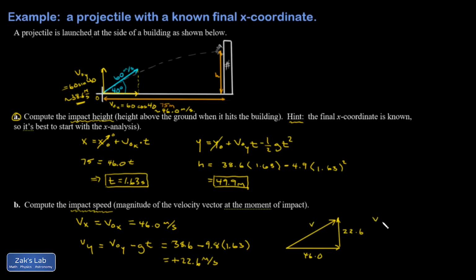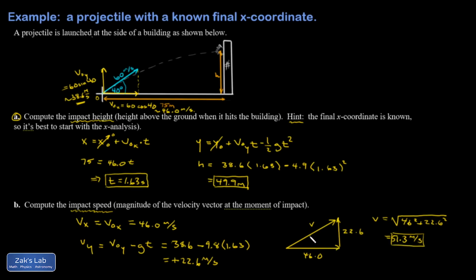And then I just use the Pythagorean theorem, and I say v is 46 squared plus 22.6 squared, square rooted. And I don't even need to get the angle here because it wasn't asked for. And I get 51.3 meters per second for the impact velocity.